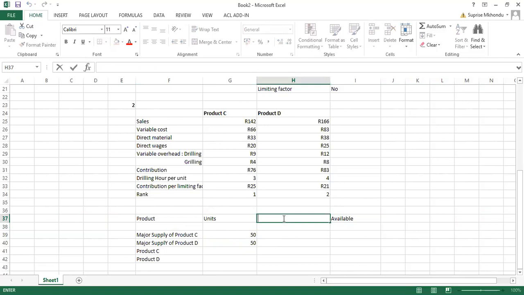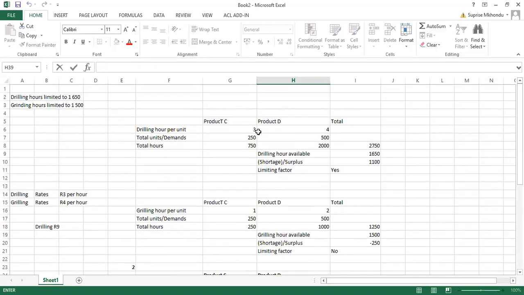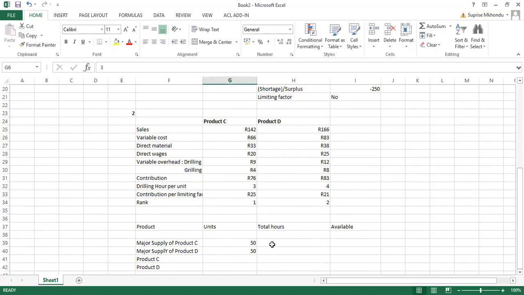And total hours was how much? Remember, it depends on hours. So it's going to take 50 times product C, how much for drilling again? Times 3 is 150. So take 150, and then how much was available? 1,650.